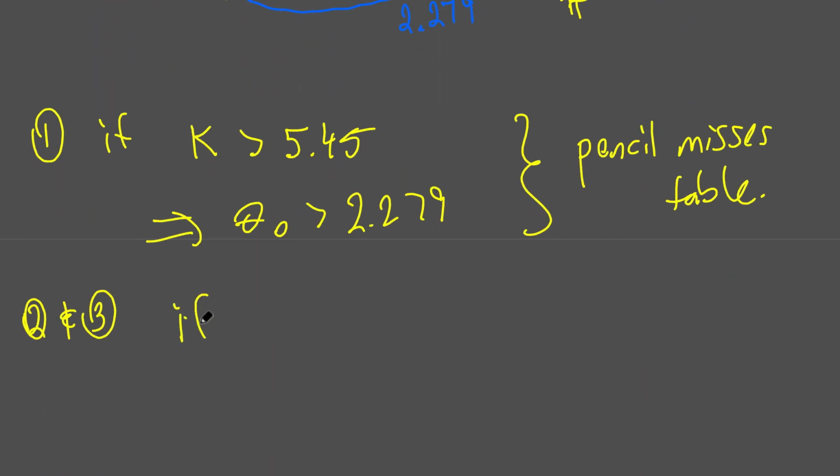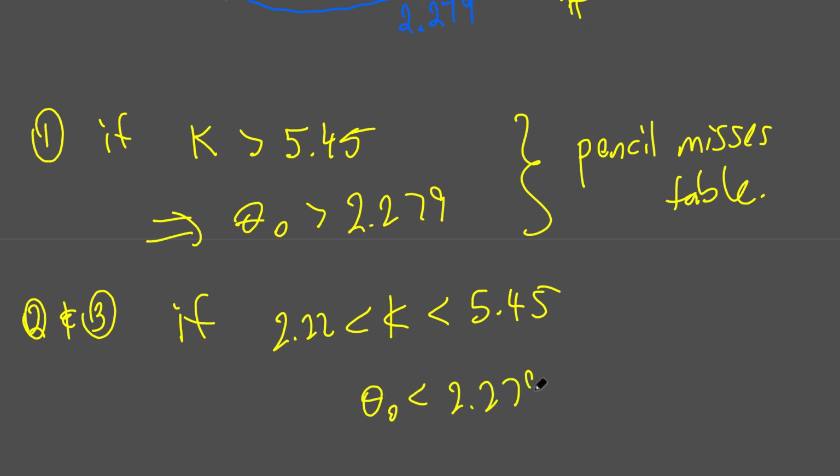So if k is between 2.22 and 5.45, then theta naught is less than 2.279 but greater than pi over 2, and in this case the tip hits the tabletop.